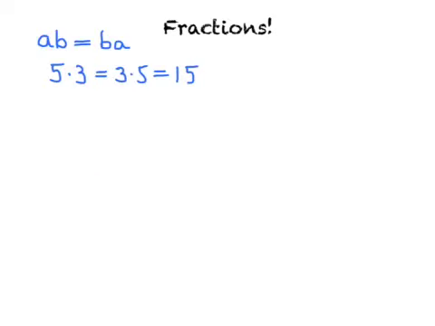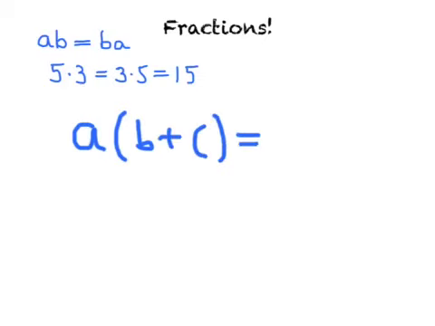Next, we need to think about how multiplication and addition work together. This is what you remember from high school as being the distributive property. But you notice that this sentence can be read in two directions.